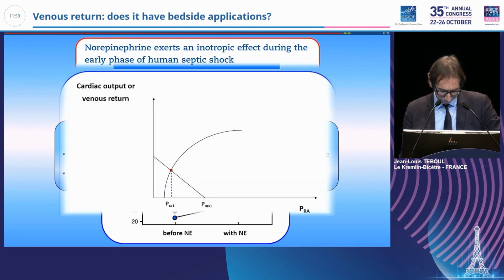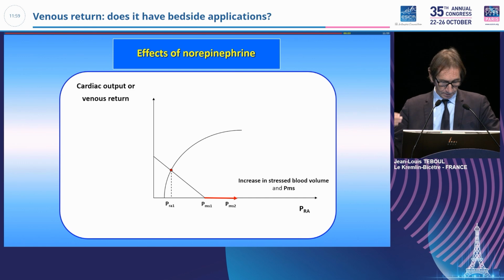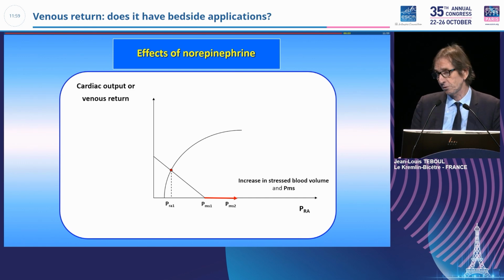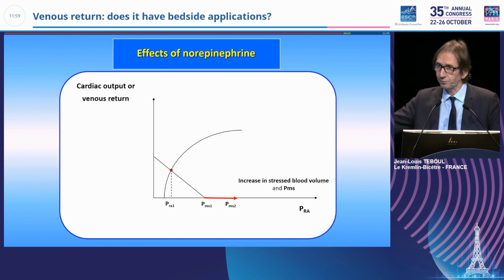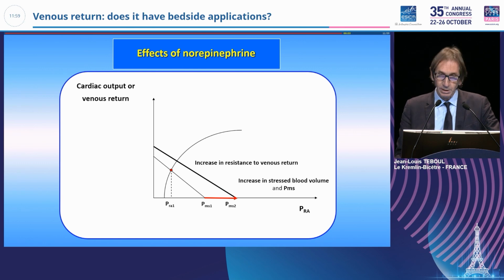So if I summarize on this cartoon, there is an increase in the stressed blood volume and the mean systemic pressure with norepinephrine, so a shift of the venous return curve to the right. But due to the increase in the resistance to venous return, the slope is a little bit different.